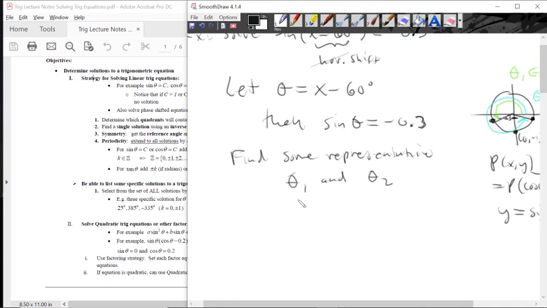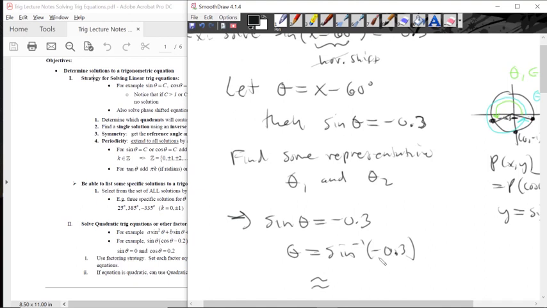So how can we find some value of either theta 1 or theta 2? Well, one thing we can do is solve the equation sine of theta is equal to negative 0.3 by using the arc sine function. That's theta is equal to the arc sine of negative 0.3. So let's go to the calculator.